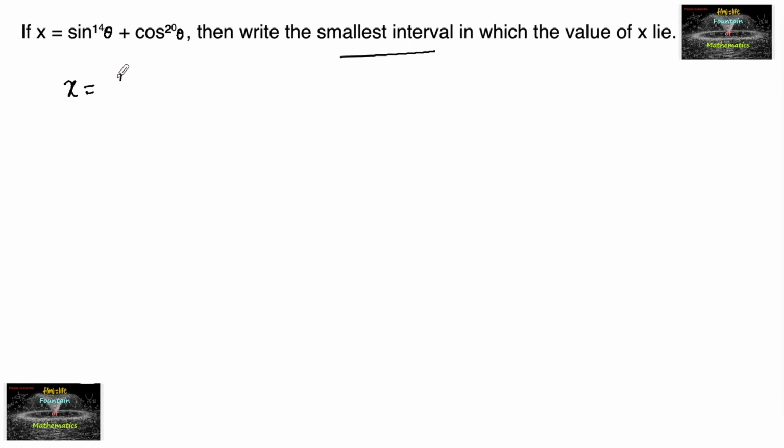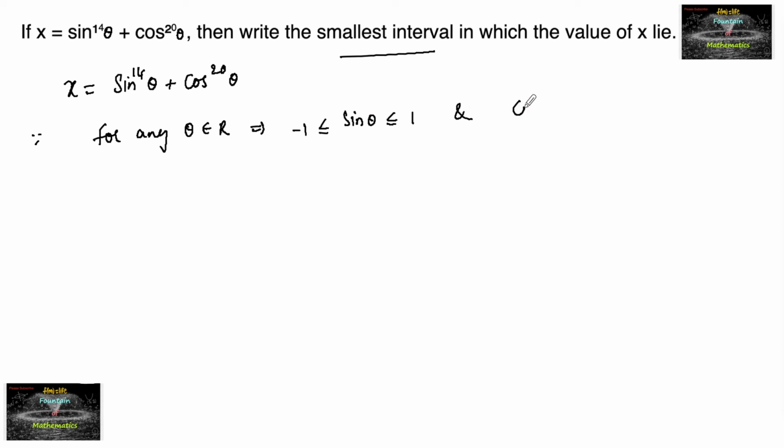So here, given x is equal to sin power 14 theta plus cos power 20 theta, and since we know that for any theta belonging to R, for any real number, sin theta lies between minus 1 and plus 1, and cos theta lies between minus 1 and plus 1, and sin square theta lies between 0 and 1, and cos square theta lies between 0 and 1. Means both are between 0 and 1, either a fraction or 0 or 1.